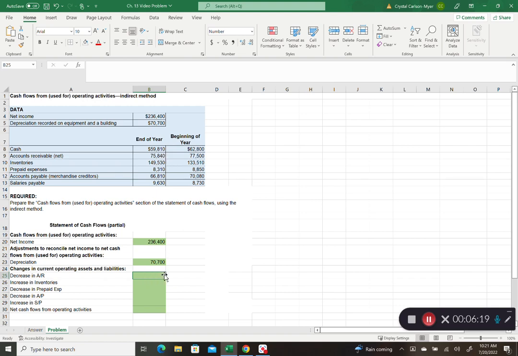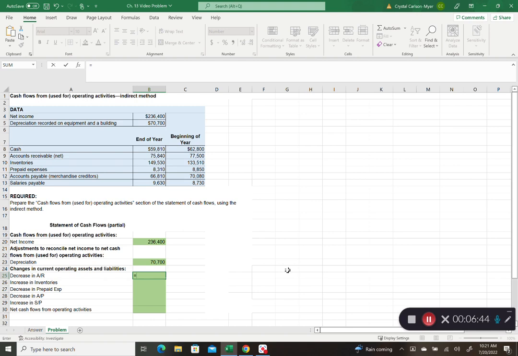So when I want to do my calculations here, we have a decrease in accounts receivable, but it has a positive effect on our cash flows. So I want to do the opposite when I make my calculation, and that's confusing to you right now. Again, memorization gets to understanding.